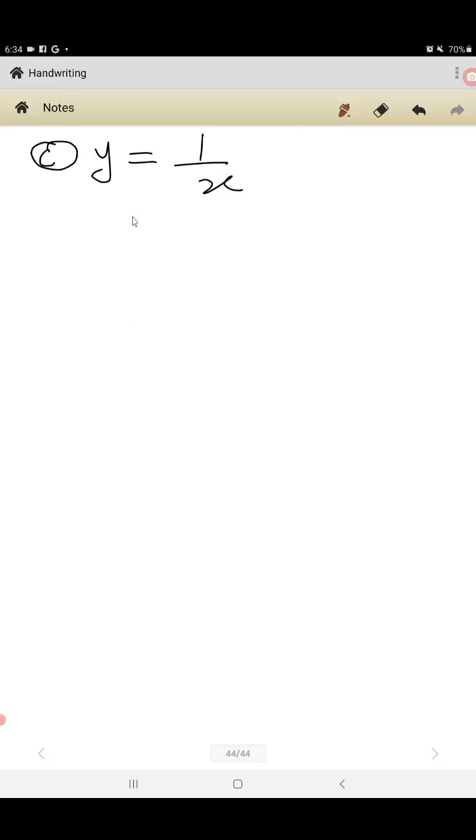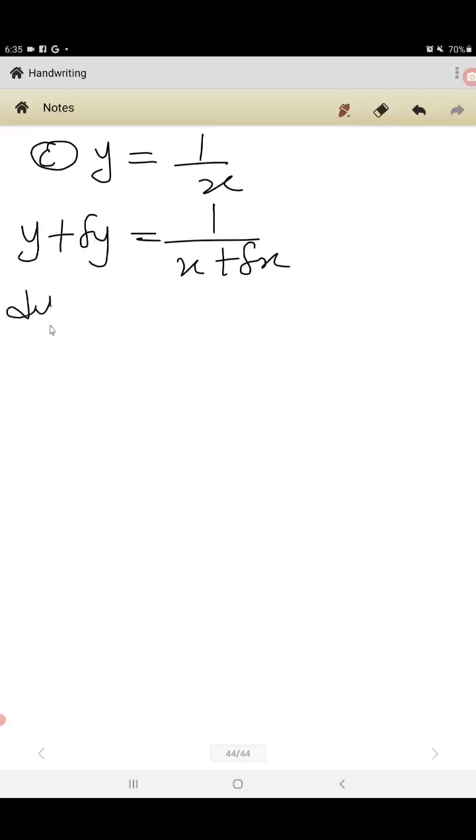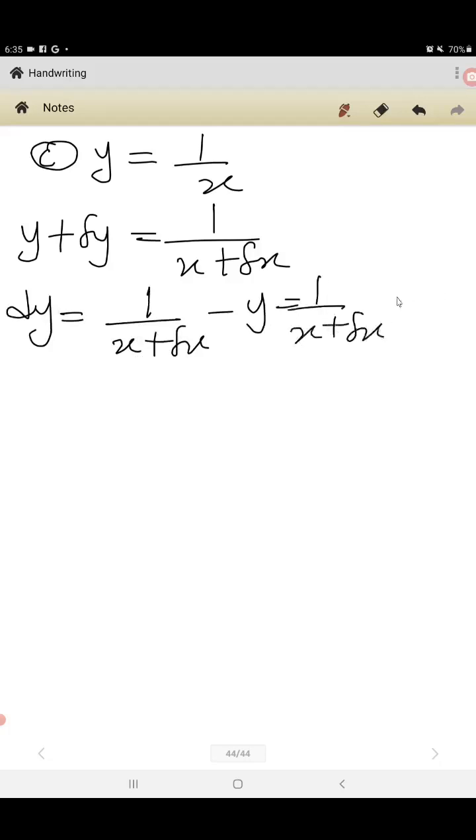So let's start solving. It means y plus change in y is equal to 1 over x plus change in x. So the change in y is equal to 1 over x plus change in x, minus y, which is 1 over x. So here, what is the x here? x plus change in x, we have this.